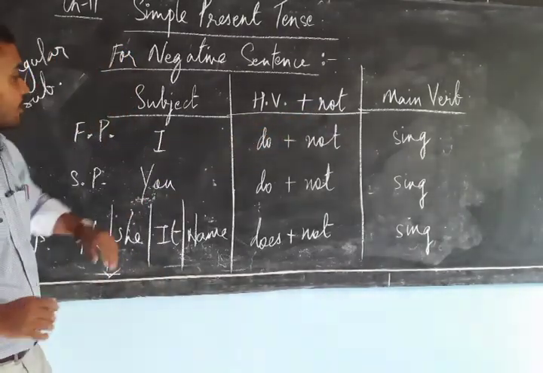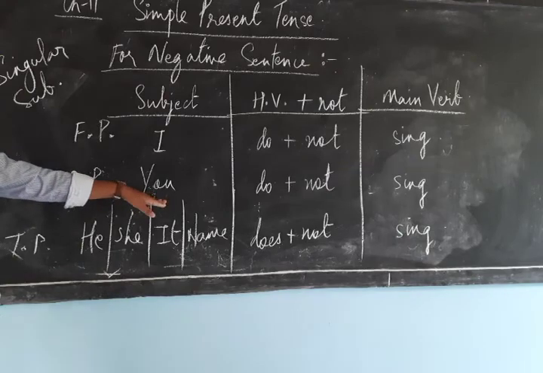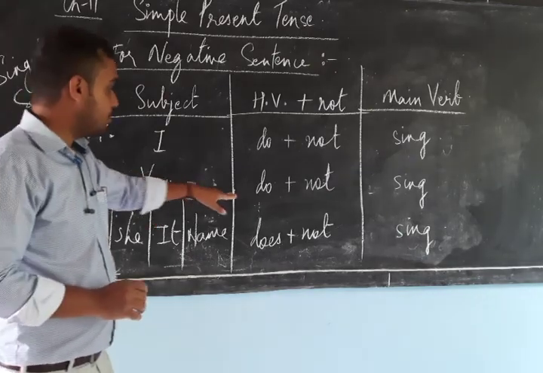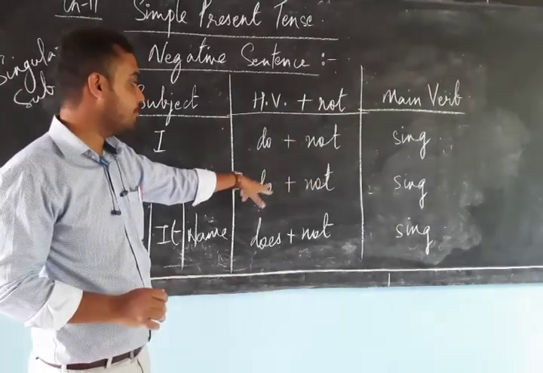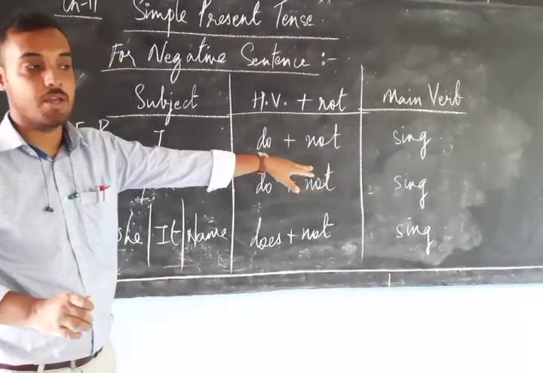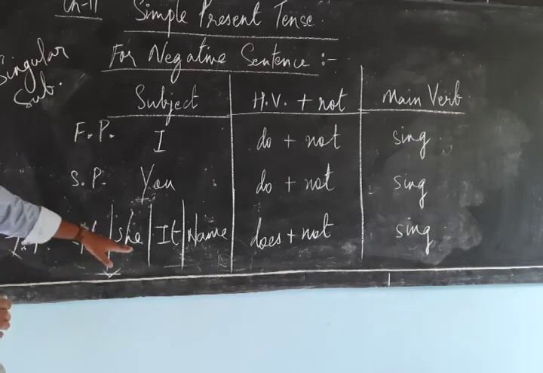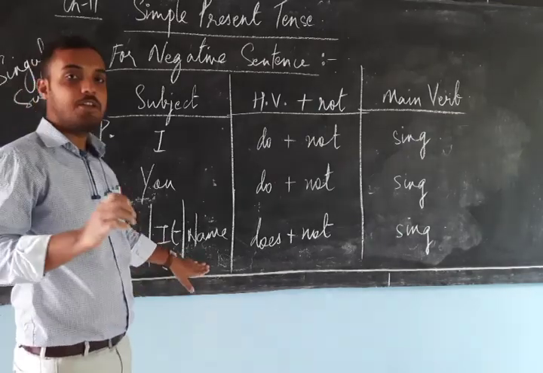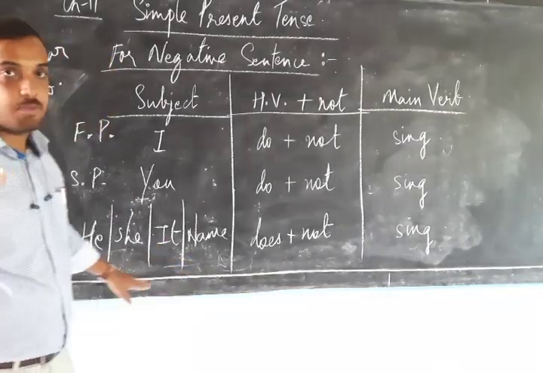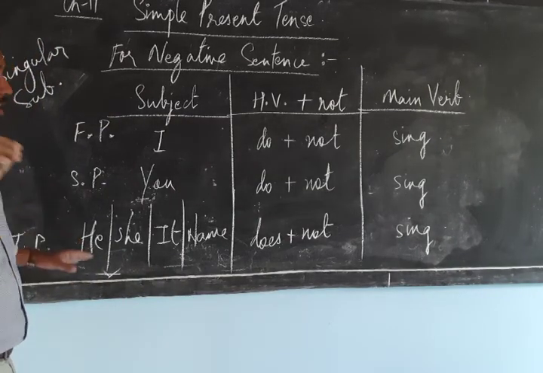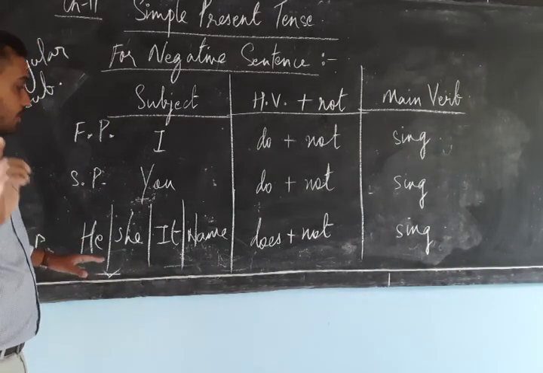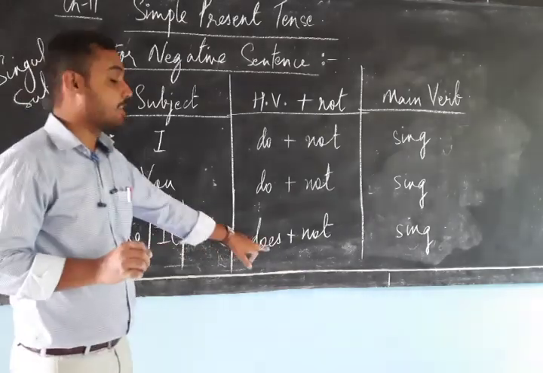I do not sing. For the second person, we have you. You do not sing. Helping verb plus not, then the main verb. For the third person, we have he, she, it, and the name of any person, but a singular subject. We use does.